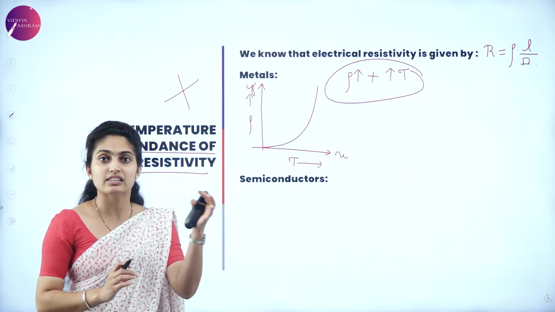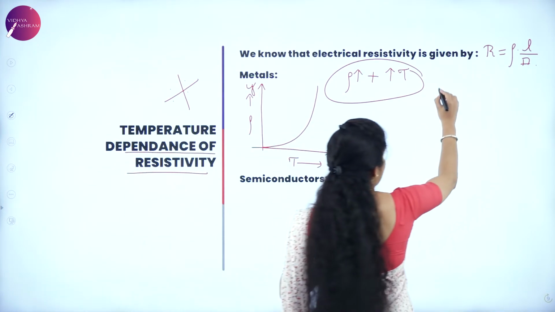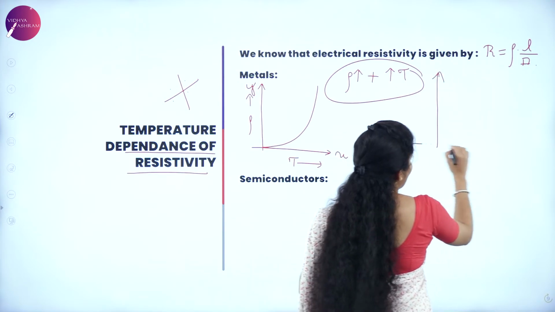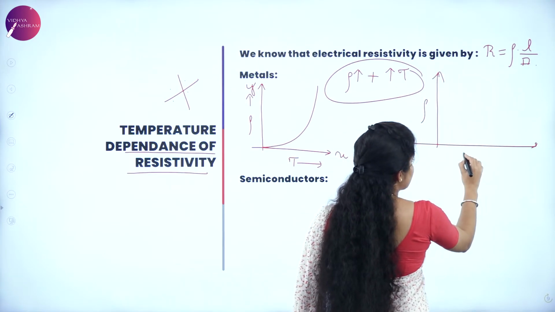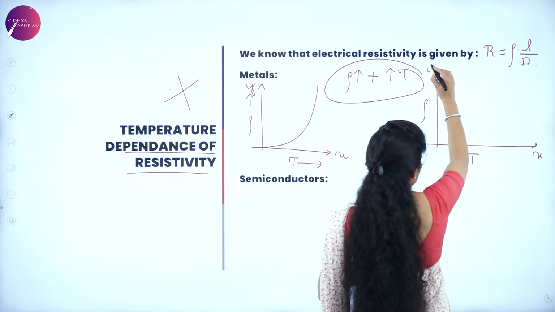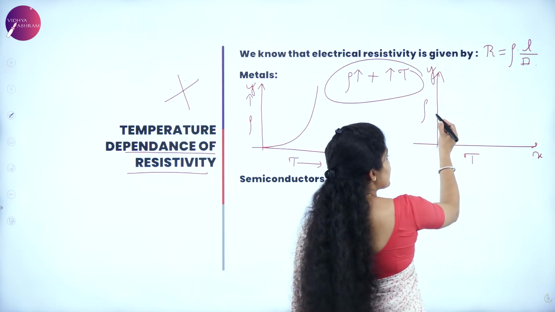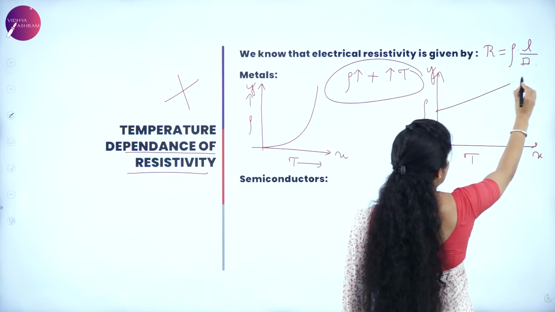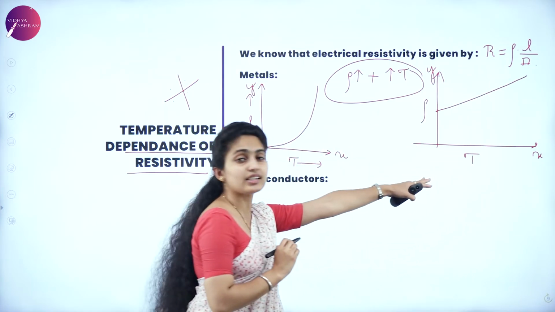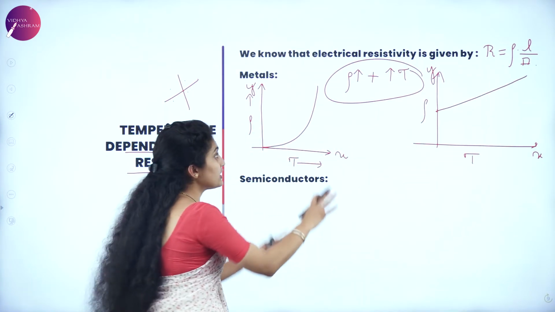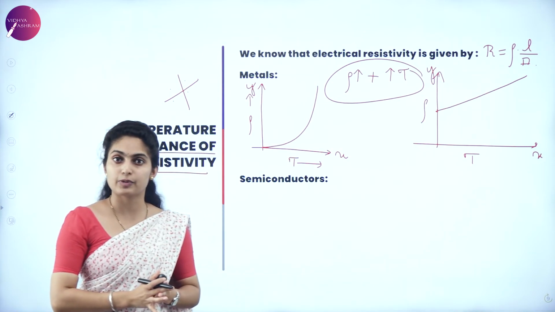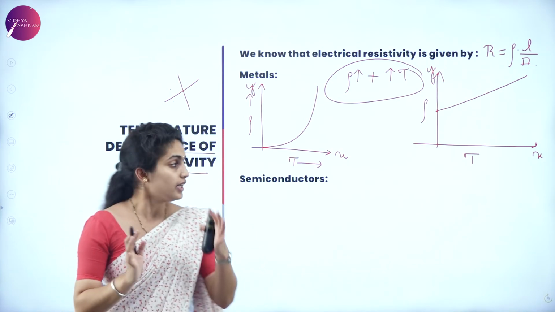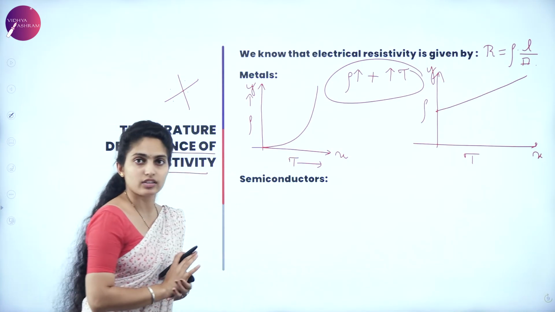Suppose you consider the alloys. This is the graphical representation on the x and y axes. It doesn't start from 0, but starts from a certain value and goes linearly like this. So this is the graphical representation of alloys, and this is the graphical representation for the metals. Now coming on to the semiconductors.